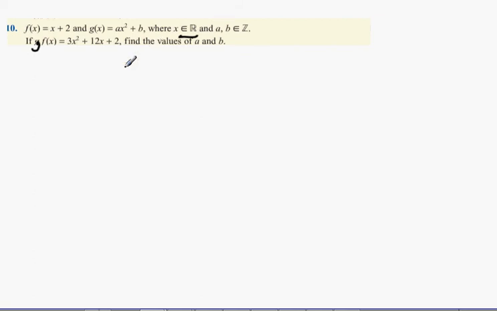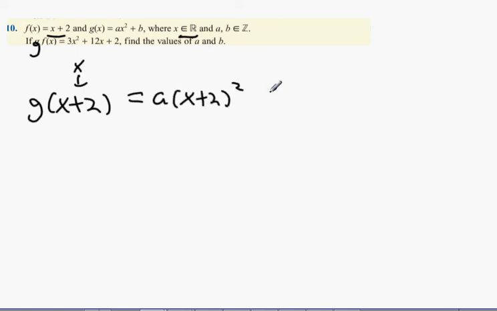Okay. What it says is g of f of x. Now, g of f of x is what, guys? If f of x is x plus 2, place x plus 2 into the g function. Now what happens in the g function when we replace x with x plus 2? It's going to be a times x plus 2 squared plus b.